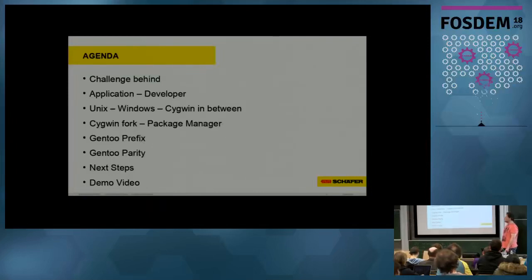But still, Cygwin has a problem with package managers. As a solution for the portability problems, there is Gentoo prefix. Another helper utility is Gentoo parity. And then I'm talking about the next few steps I already know that have to be done. And finally, I'll try to show a demo video.